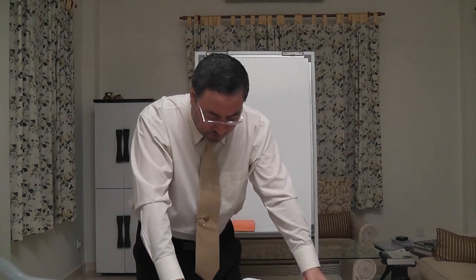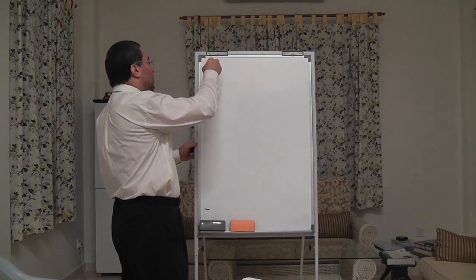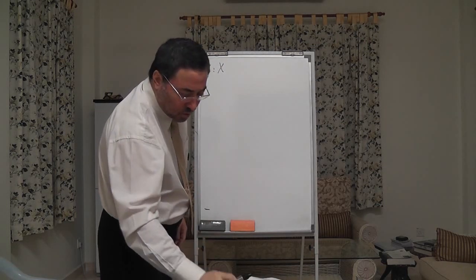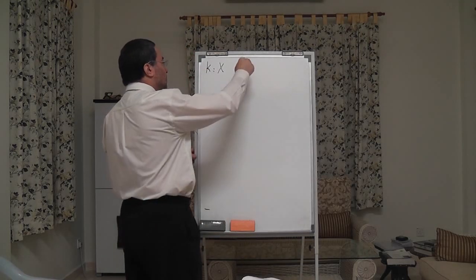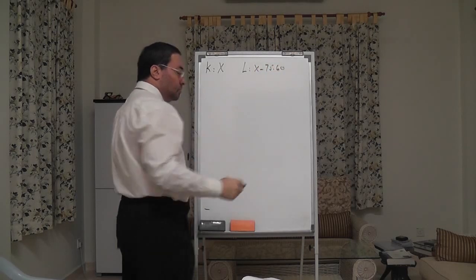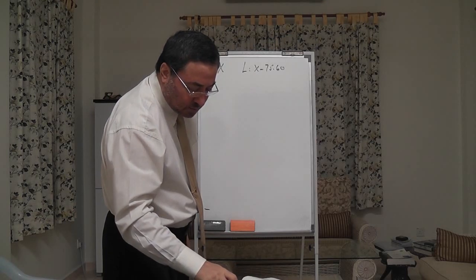Number 32. Jan has 3 times as much money as Lucia, who has 75.60 less than Ken. So both of these are related to Ken. So if we represent Ken with x, so we put here K for Ken, that's x. Then Lucia would be 75.6 less. And Jan has 3 times as much as Lucia.